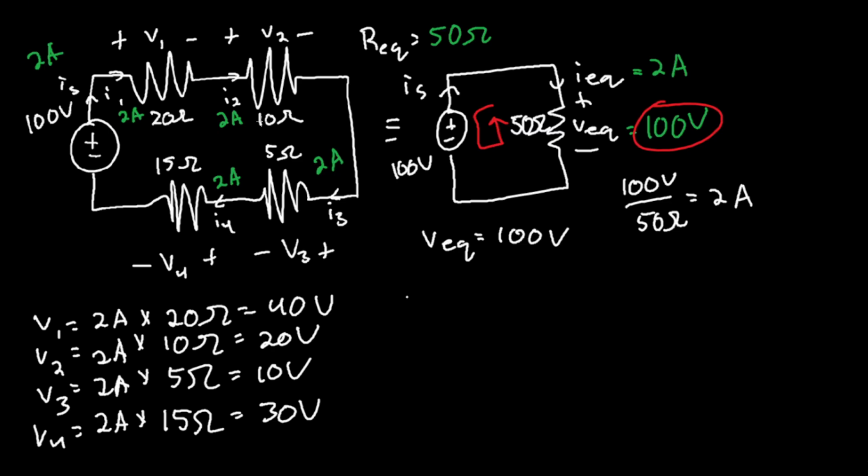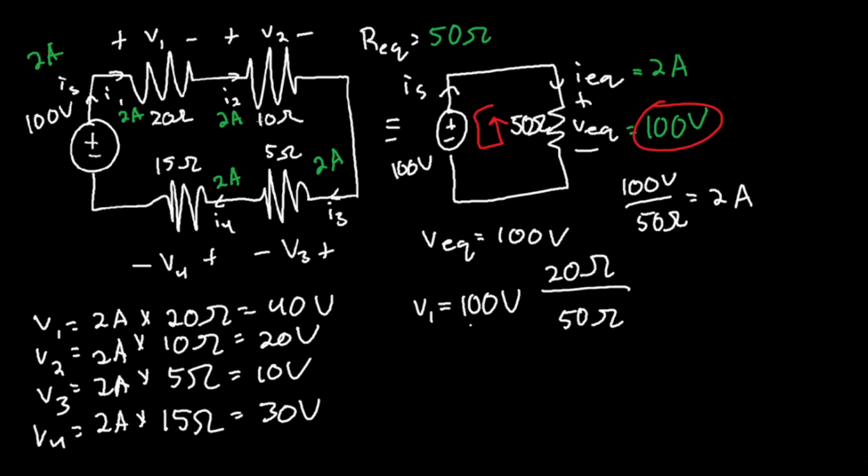Okay, well, we can also use voltage division. Let's go ahead and use voltage division. V1 is equal to Vs, or the voltage going into the circuit, times the resistor that we're trying to calculate the voltage at, over the equivalent resistance, which we calculated was 50 ohms.